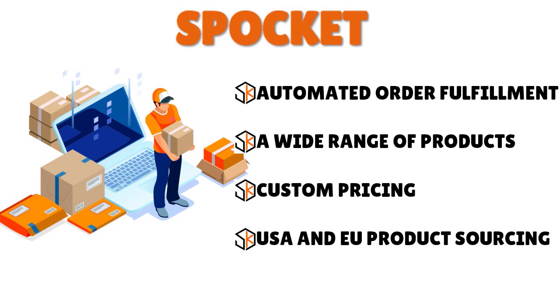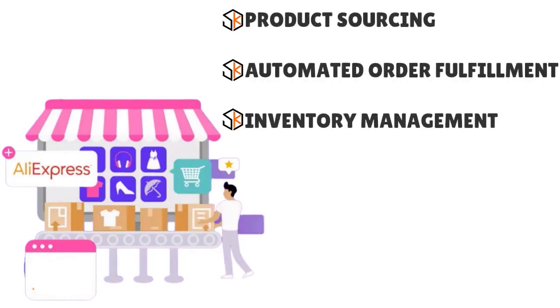And some of the features that we love with Ali Dropship, for example, is that you have product sourcing, automated order fulfillment, inventory management. So again, the bottom line here is you have a lot of players. DSers is not the only one.